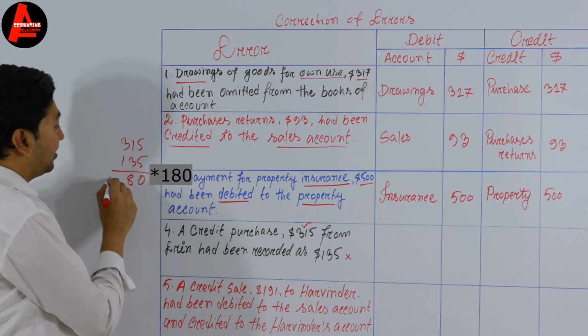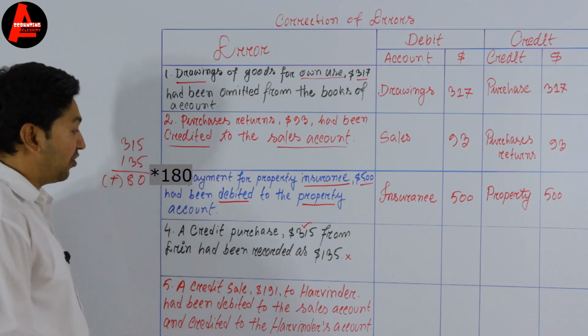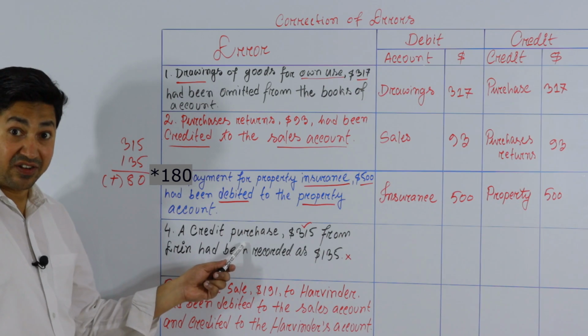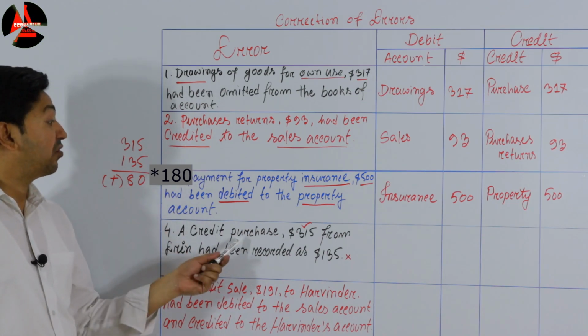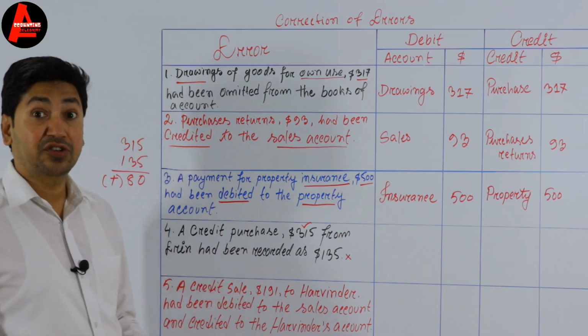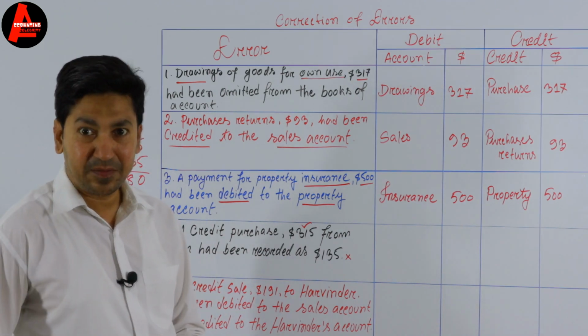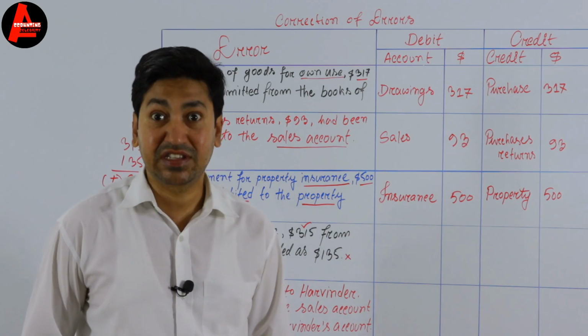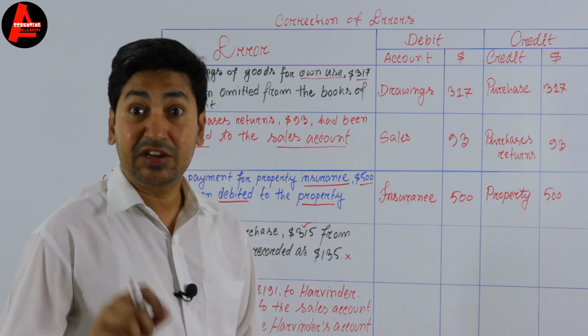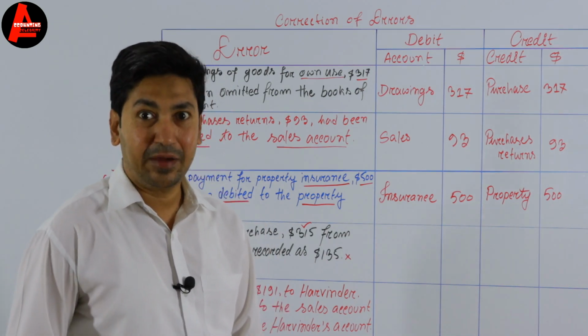Okay, so now this $80 we need to add to the purchase. If we add $80 to the purchase, now my question: what will happen to purchase? Will it be increased or decreased? Yes, purchase will be increased, and you know purchase is an expense, and an increase in expense will be debited here.